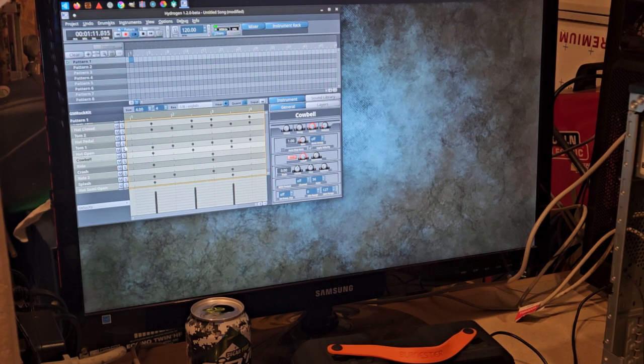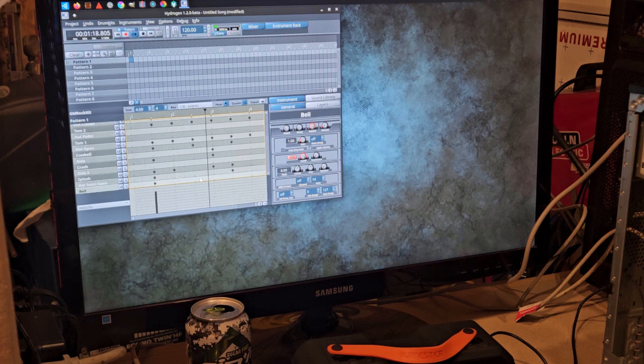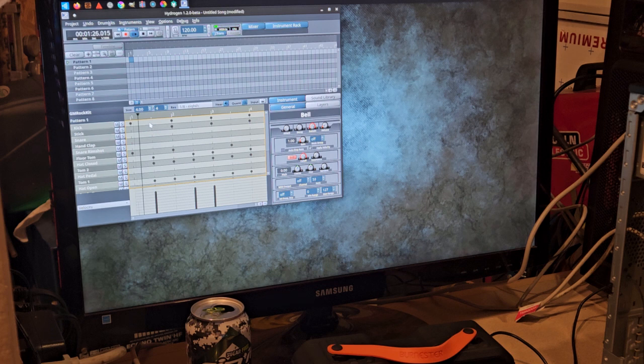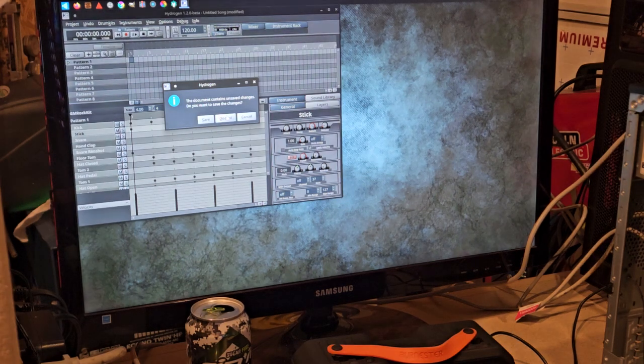It's hilarious. Anyway, you get the idea. So Hydrogen, you could sit here and make drum tracks with. I've used that before a long time ago.